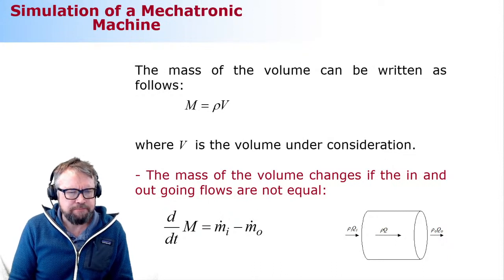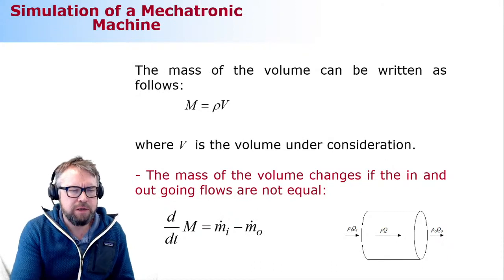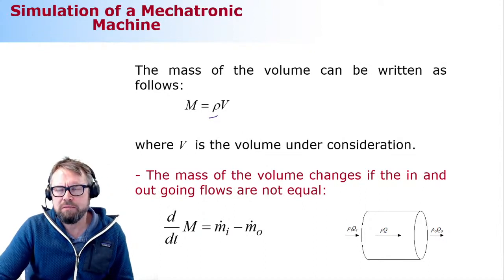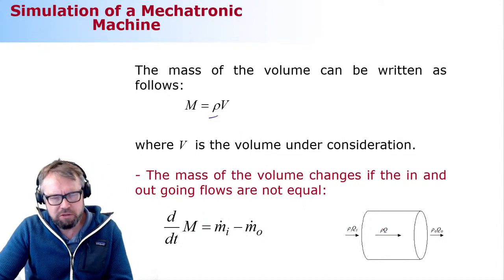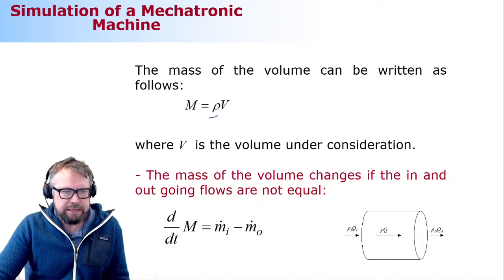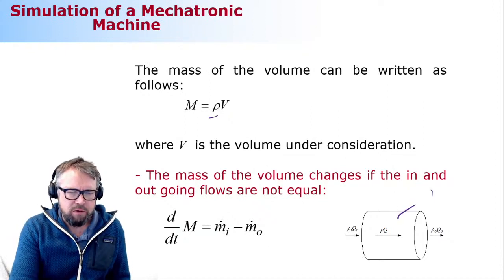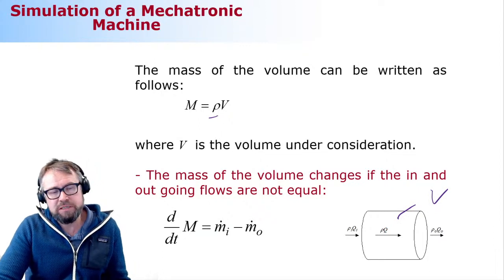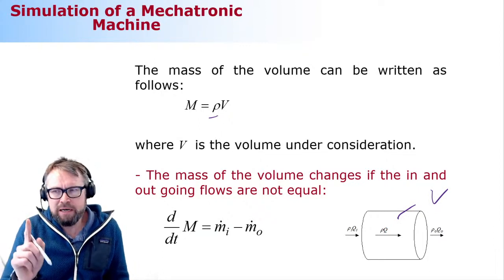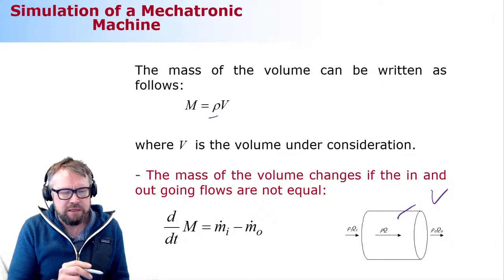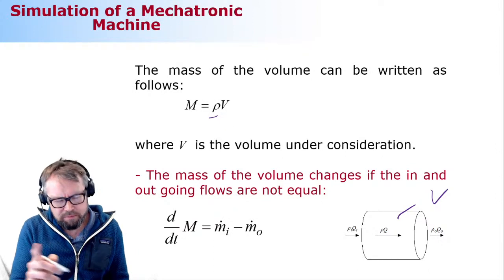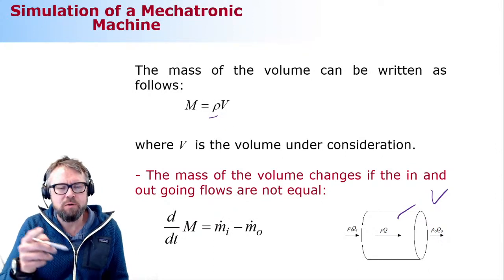I know that the mass can be computed simply as density multiplied by volume. Okay, so it's very simple. And this is the volume that we're looking at in this control system or this experiment here. Now the mass can change if there is a difference between the mass flow in and mass flow out.